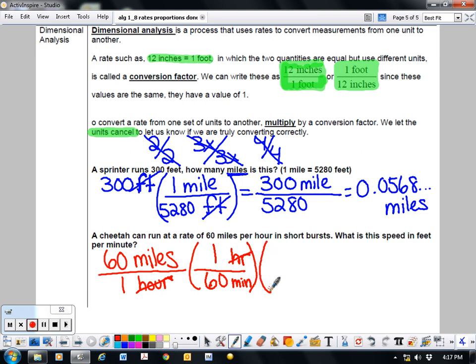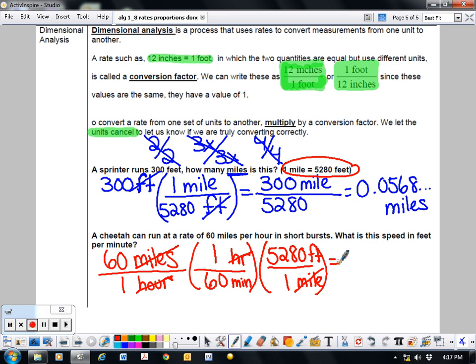Then I want to change my miles now into feet. And we had that conversion before. We had miles up here. 1 mile is 5,280 feet. So if I want to get rid of miles here, I have to put miles on the bottom. So 1 mile is 5,280 feet. So the miles cancel out with miles, and now I multiply across the top and multiply across the bottom.